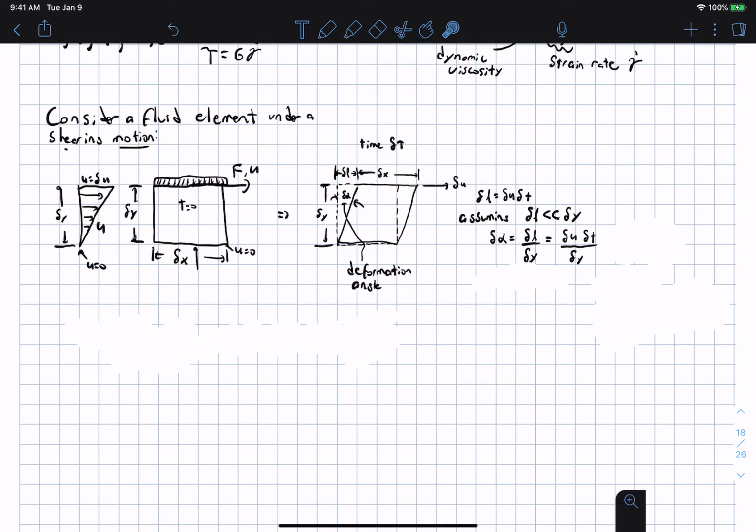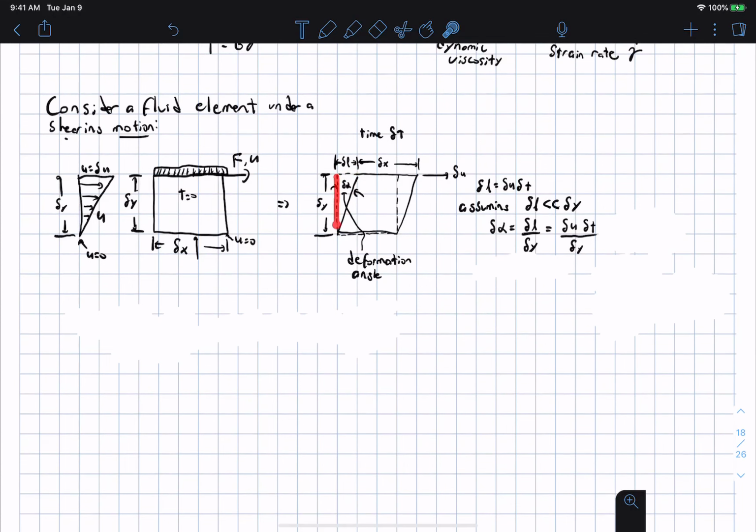And we're going to use the small angle approximation here. That means that delta L is much, much smaller than delta y. Then the angle here is just delta L divided by delta y, using the small angle identity for sine. That means that sine theta is approximately theta if theta is small.